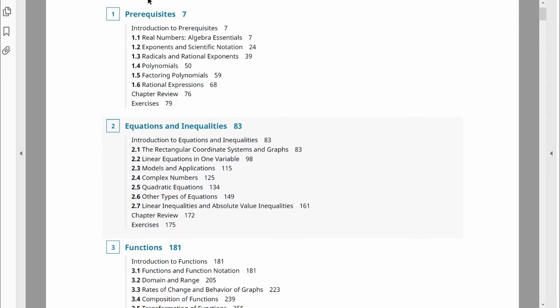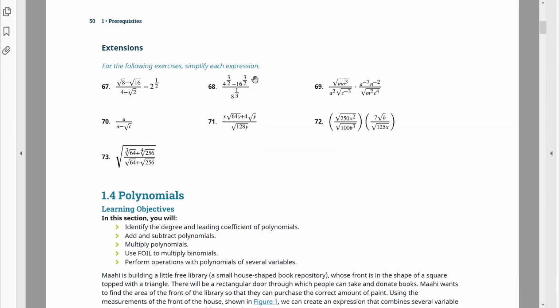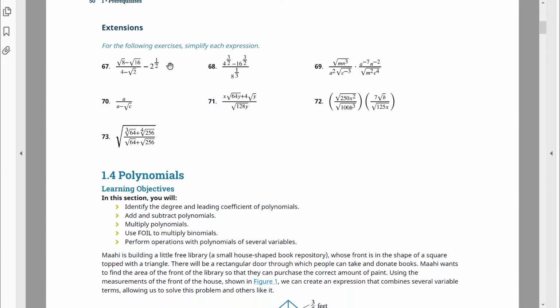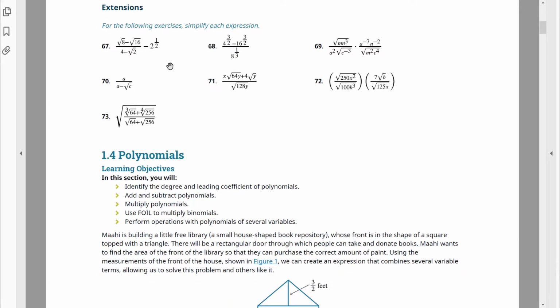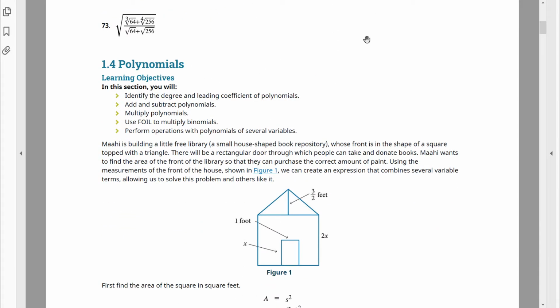Since this is page 7 of the PDF, and we are going to page 50 of the book, let's write something like 60, because they don't match. See, 50, I wrote 60. Okay. Then it starts talking about polynomials.